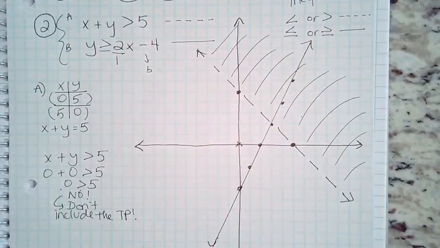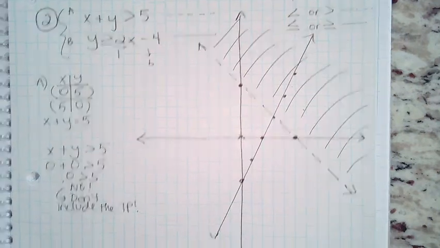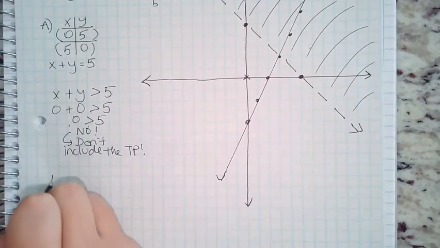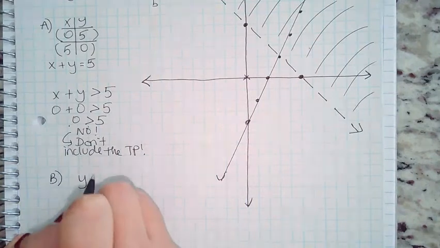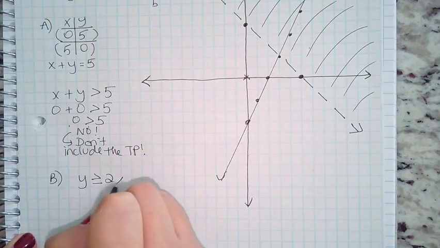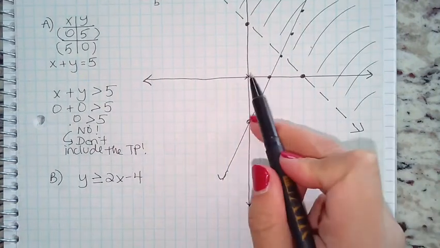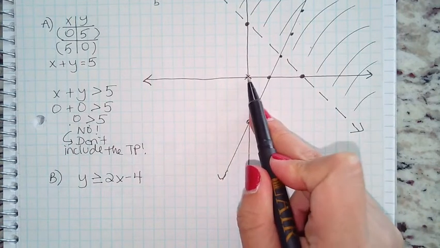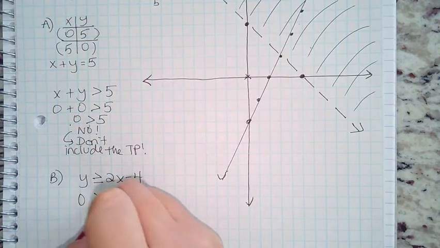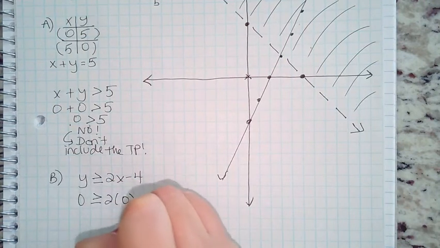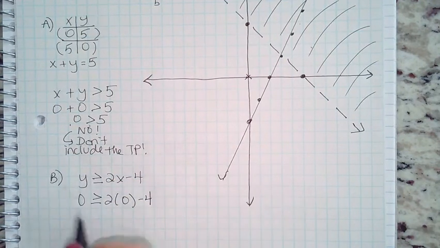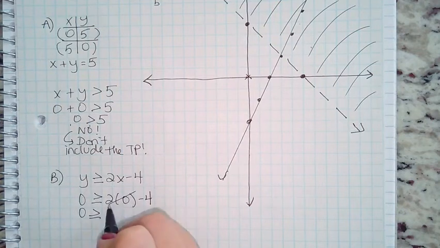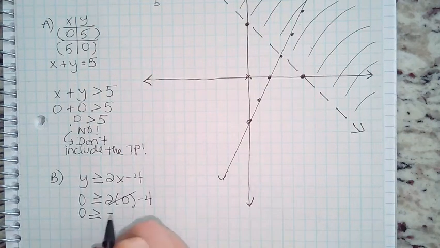And now I have to figure out for B, my test point. So my equation for B is y is greater than or equal to 2x minus 4. 0, 0 still is a great test point because my line isn't on it. So I'm going to plug that in. 0 is greater than or equal to 0 minus 4.